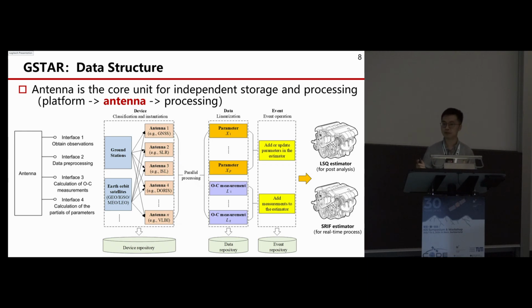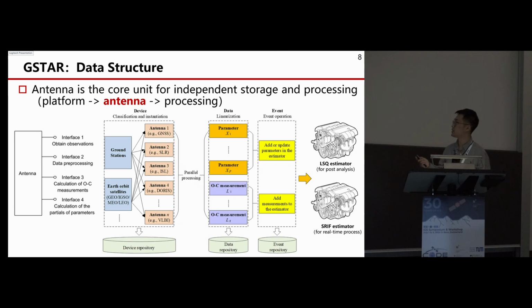All antennas are independent of each other, so data in each antenna can be processed in parallel. And after that, the data are organized in 2 groups, namely parameters and observation minus calculation measurements, and they will be put to the estimator for parameter estimation.